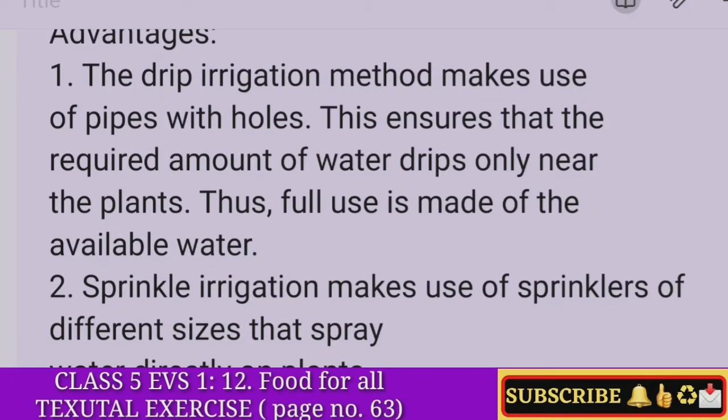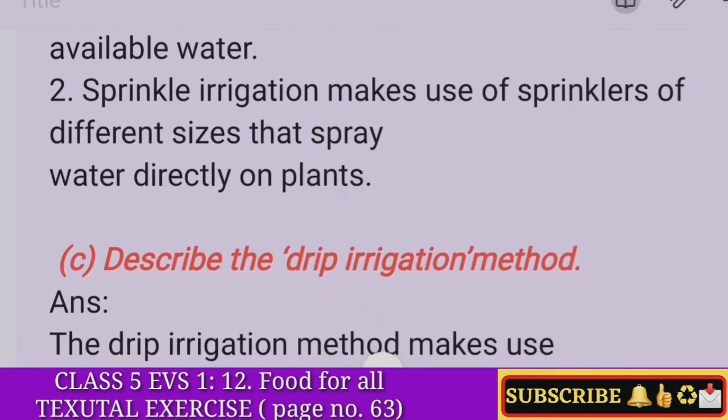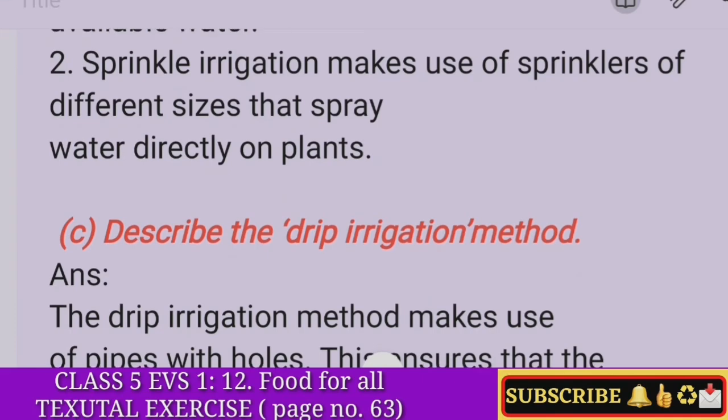This ensures that the required amount of water drips only near the plants. Thus, full use is made of the available water. 2. Sprinkle irrigation makes use of sprinklers of different size that spray water directly on plants.